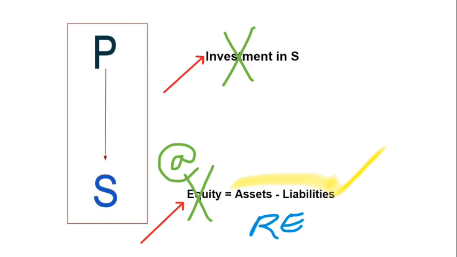So that does not get eliminated. The investment and the equity, that is the common items between the two entities in the group, that you have to eliminate. But the assets and liabilities of the subsidiary are allowed to be in the group and will be part of the consolidated numbers.